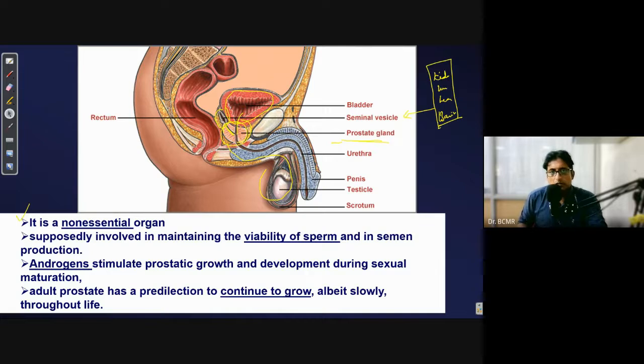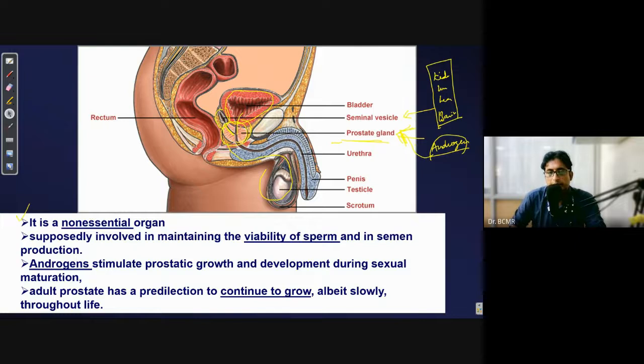So its function seems to be to keep the sperm viable by the production of some prostatic fluids and so on. It is thought that it will keep the viability for a longer time. The androgens are produced, and that keeps the prostate gland active.